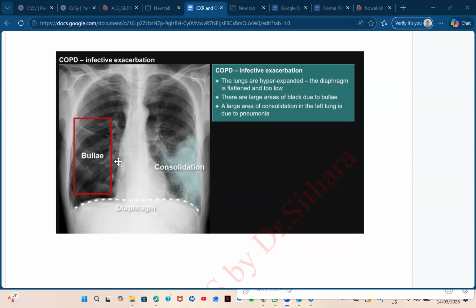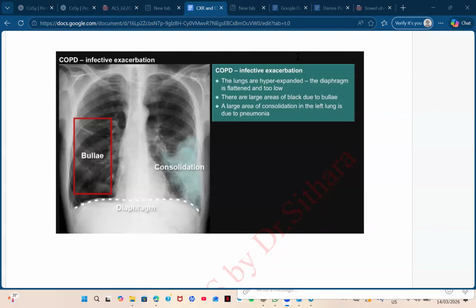So what is a bulla, doctor? What is a bulla in COPD? Yesterday, that day also I explained. Air-filled, yeah, pocket-like things, right? Air-filled spaces in the lung, usually more than 1 centimeter.